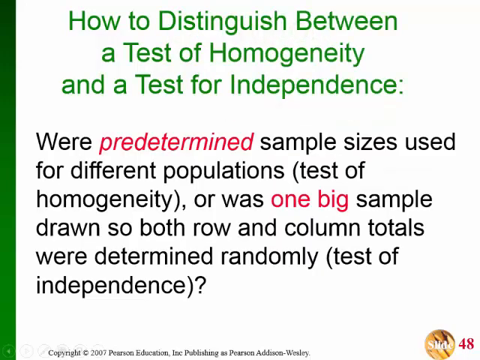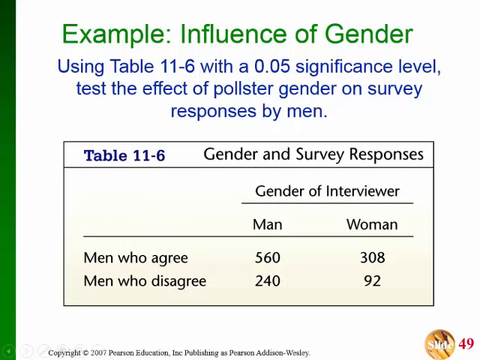One of the big differences between the two is that we have predetermined sample sizes for our test for homogeneity. From the beginning, you're going to want to know how many men you're going to collect and how many women you're going to collect. That's one of the big differences between a test for independence versus a test for homogeneity. And usually it's the men and women kind of thing.